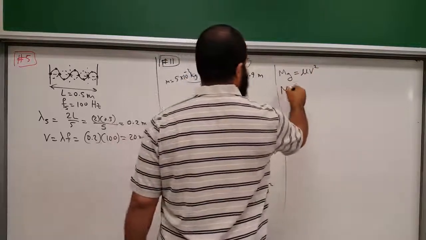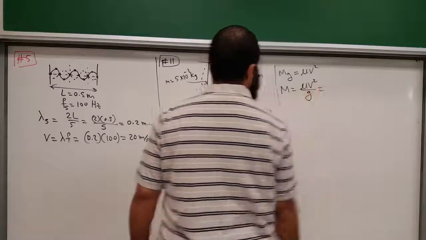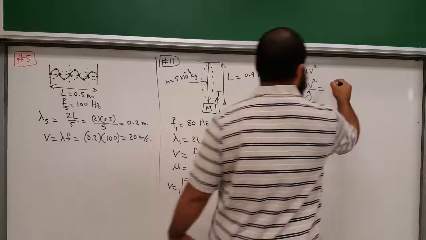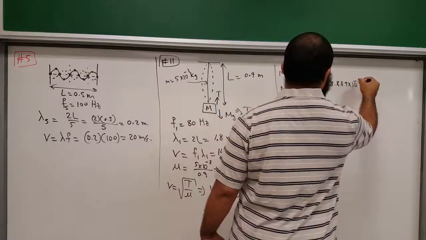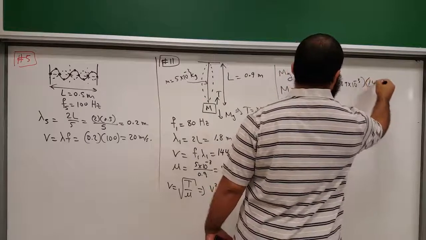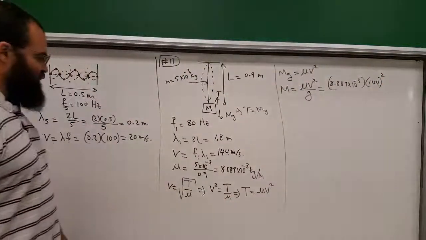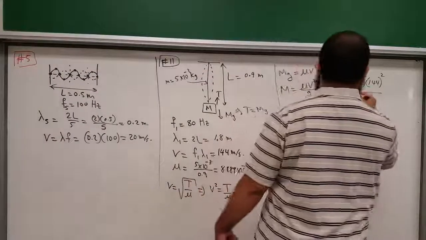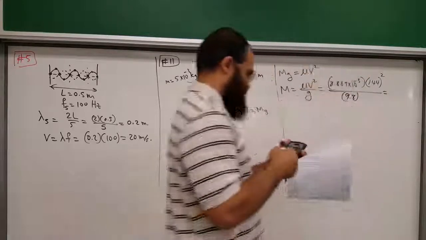And so capital M would be mu times v squared divided by g. And so we get mu, 8.889 times 10 to the minus 3, v squared, where v is 144 and you have to square it, and then you divide by g, which is 9.8. And that gives you the mass of this sculpture.